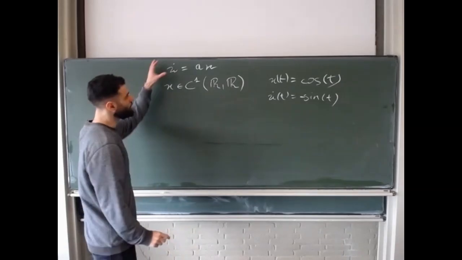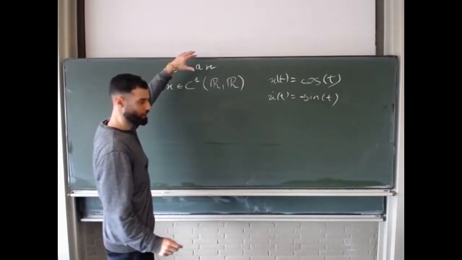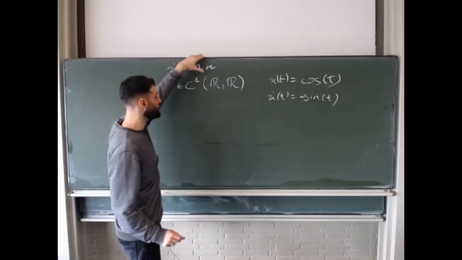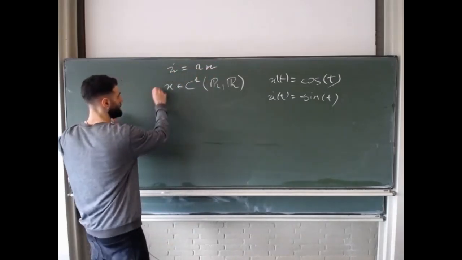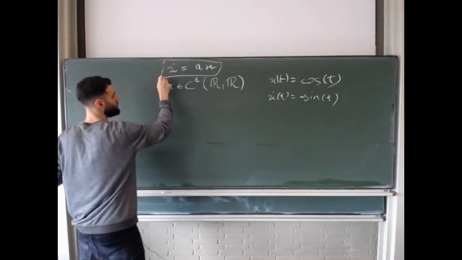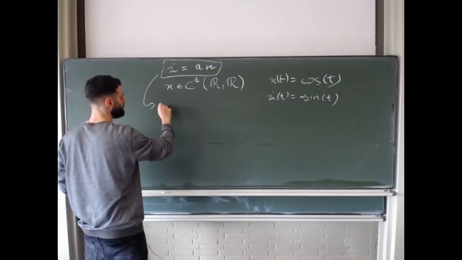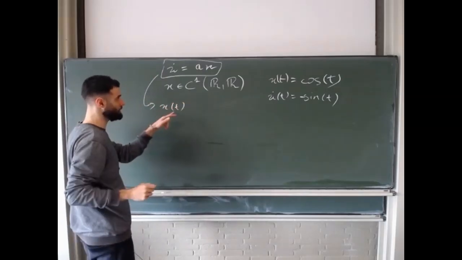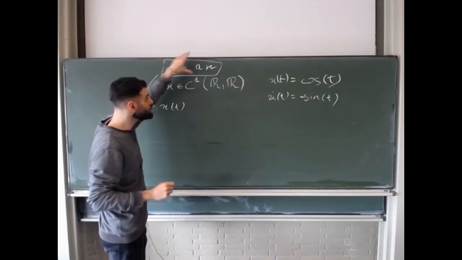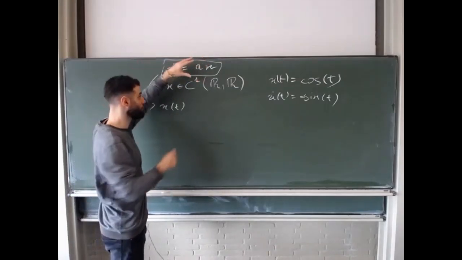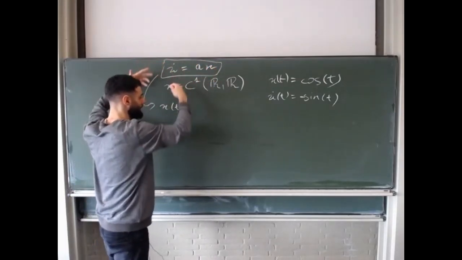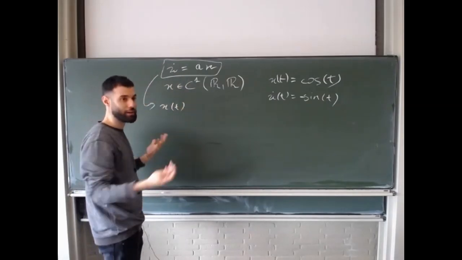Okay, so when we are trying to solve a differential equation of this type, we are looking for a function x of t such that this relation between the function x itself and its time derivative is satisfied.